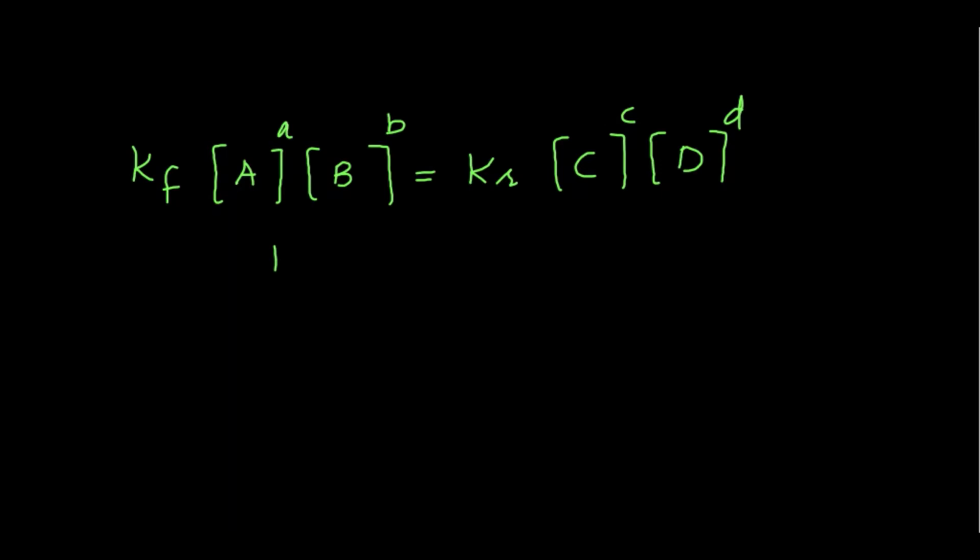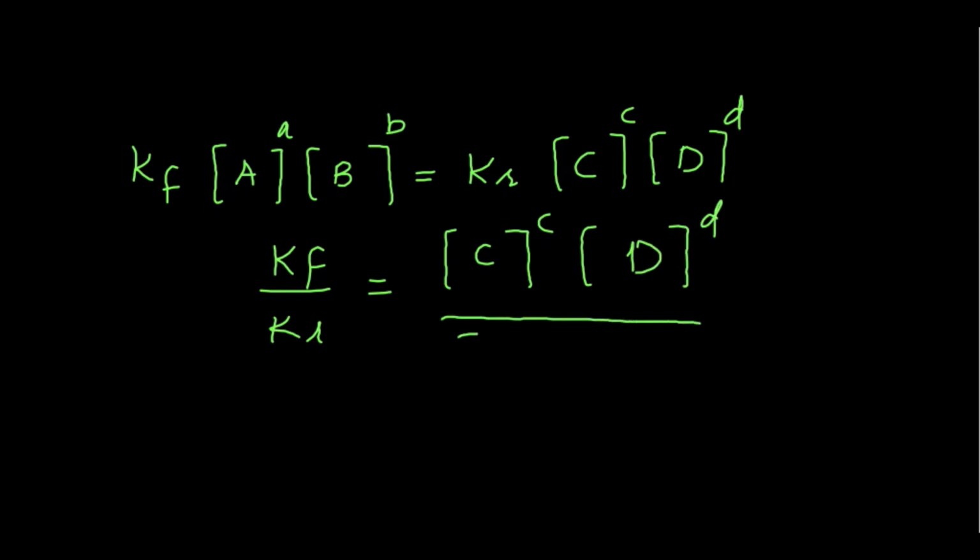By substituting the values, we get this equation. By taking the constants to one side, we will have Kf upon Kr equal to [C] raised to the power c into [D] raised to the power d over [A] raised to the power a into [B] raised to the power b.